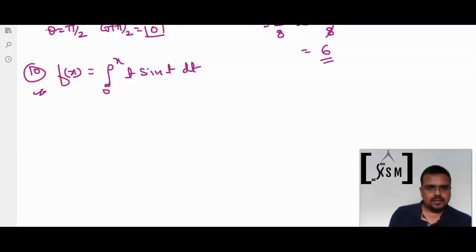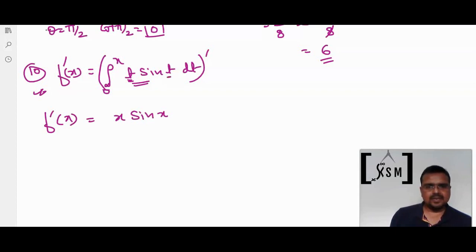So when you differentiate both sides, you will simply get f dash x equals x sine x. In place of t, you will replace x. That is my answer. This is one way of doing it.